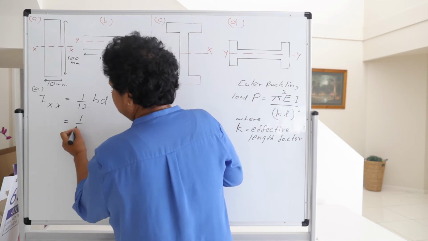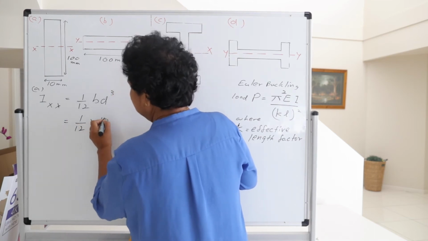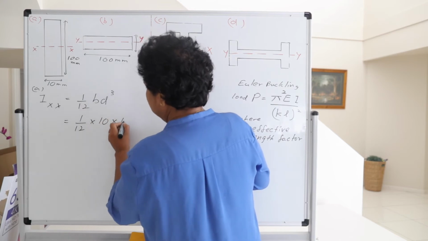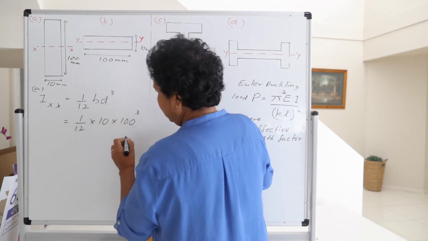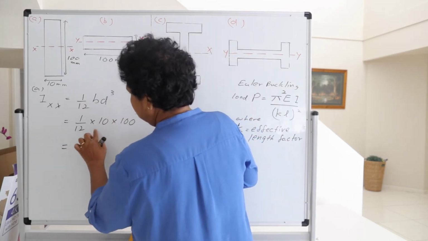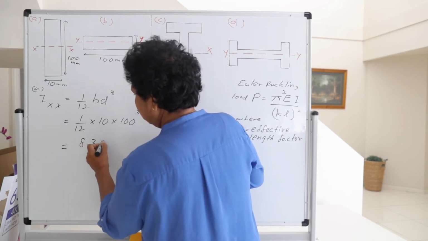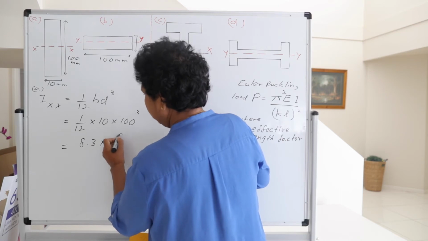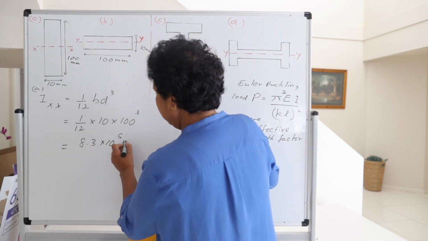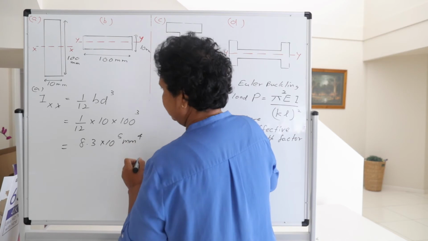So 1 upon 12, B is 10 and D is 100 cube. When you simplify this, it becomes 8.3 into 10 to the power 5. The unit is millimeter to the power 4.